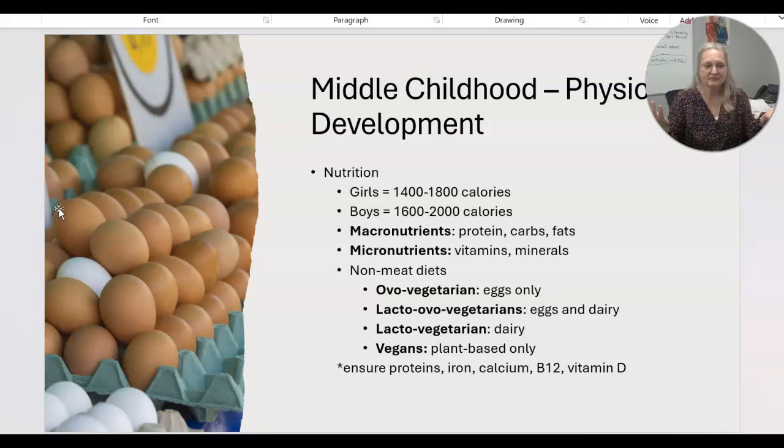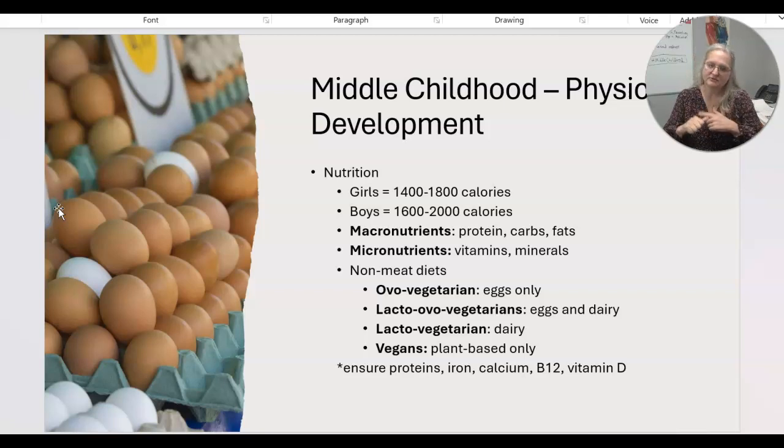Some families, some children at this point may start to be thinking about non-meat diets. And so there's a brief discussion in your textbook about the different kinds of non-meat diets. Honestly, I didn't know that I knew these were different, and I guess I just hadn't bothered to look at the names of them.